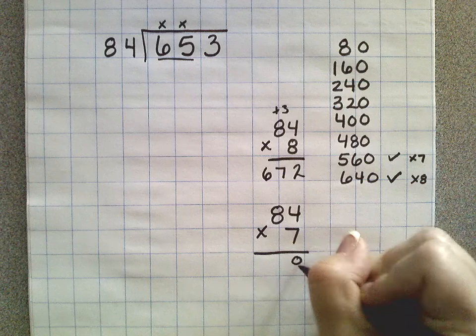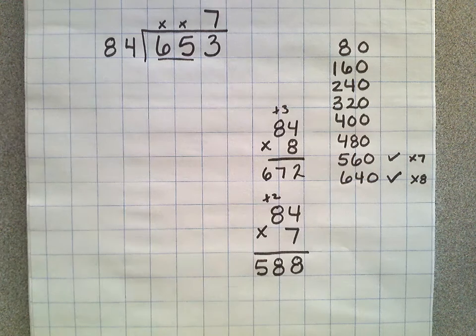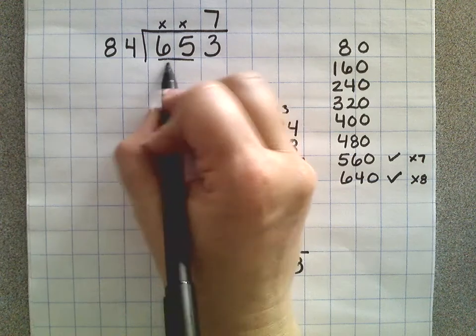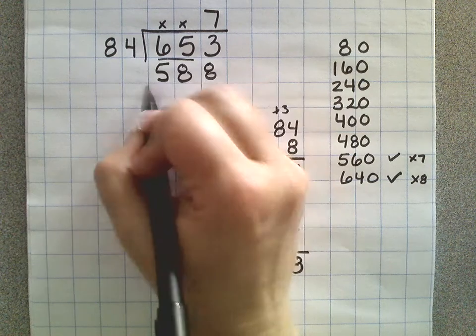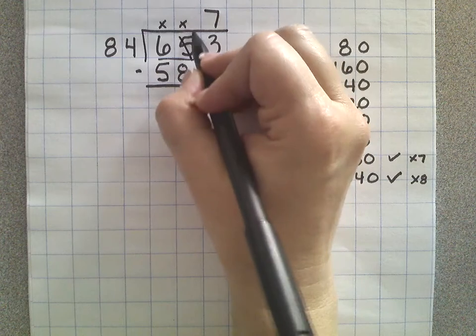4 times 7, 28. 8 times 7 is 56. Add on 2 is 58. All right, that looks pretty good. So that means 7 times 84 is 588. Let's subtract. 3 minus 8, I can't do it. So I need to borrow from this. It becomes a 4.